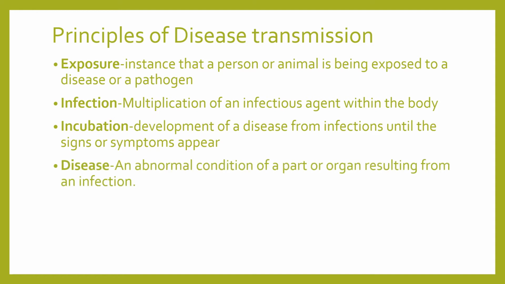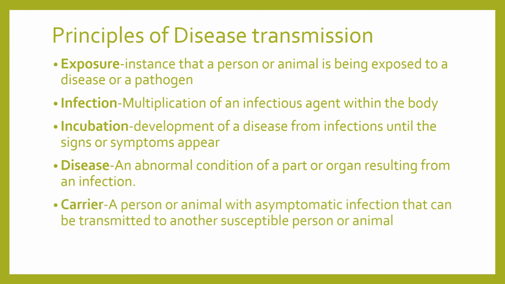And later on, the production of the disease, which is defined as an abnormal condition of a part or organ resulting from an infection. So resulting from an infection. So there are instances that a person or animal will be infected but will not manifest the disease.